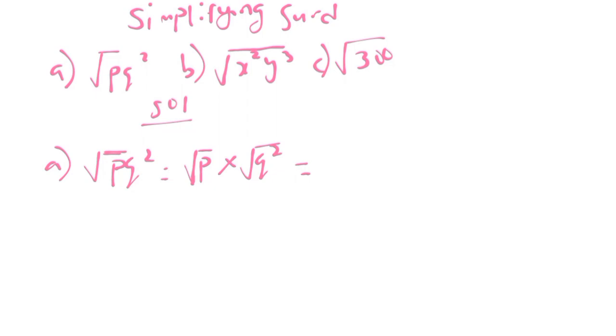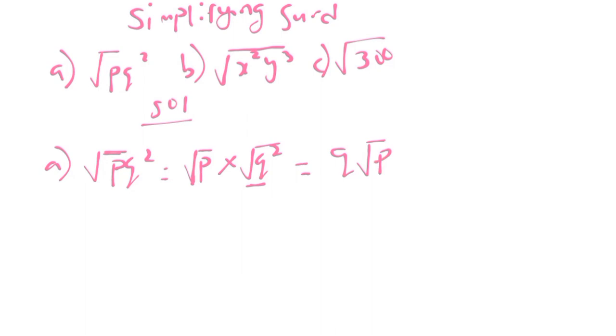I can't take the square root of p, so I'll leave it like that. But I can take the square root of q squared, because it's carrying a square. The square root and the square eliminate each other, so the square root of q squared will be q. Now multiply it by root p. So this will be my first answer.